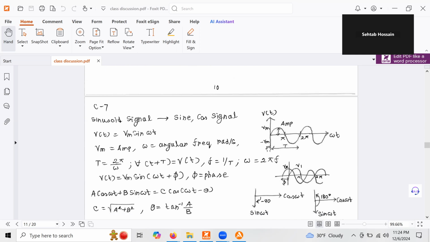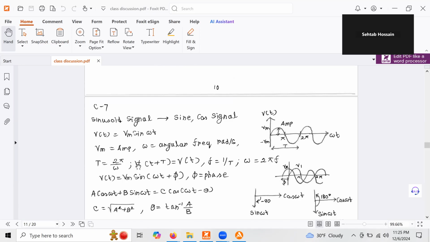So what is its time period? This wave starts from zero, gets the positive maximum, then goes back to zero, and it gets the negative maximum, then goes back to zero, then it repeats itself. So from here to here, it will be its period. Period is denoted as capital T, and the formula is 2 pi over omega.